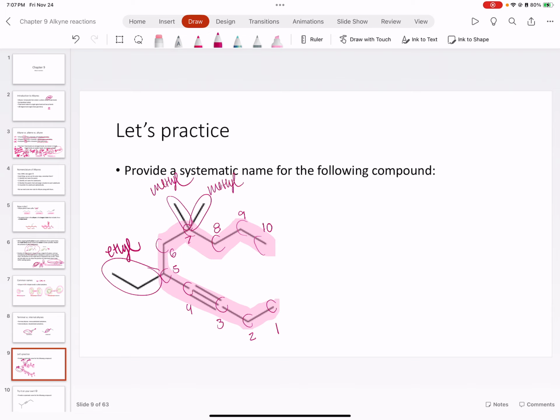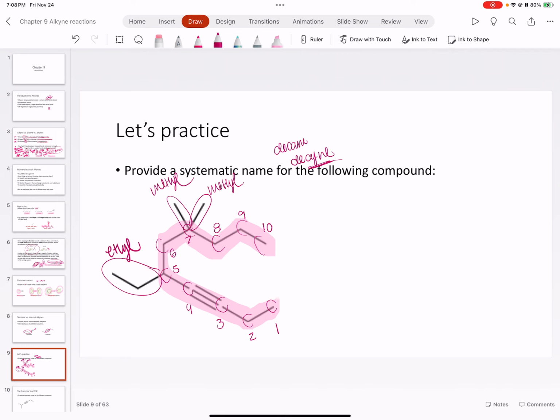Okay, perfect. Now our longest chain, normally if it didn't have any triple bonds, it would be decane. But since we have a triple bond, it's going to be called decyne, because we have to add that suffix, so we know our parent chain name.